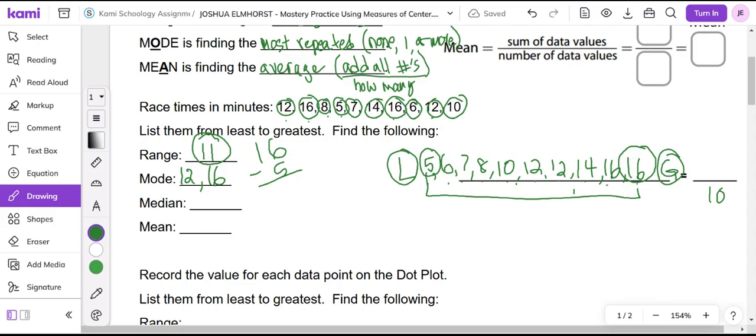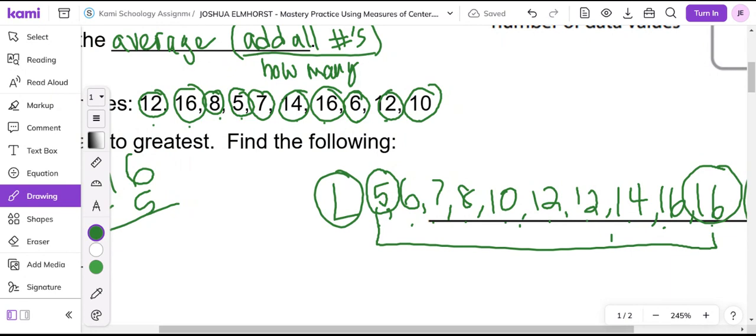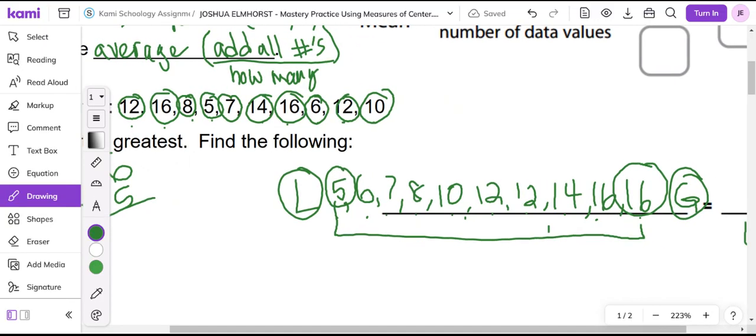The median, how you get to the middle, if you have your own strategy from 6th grade, use it. The way I teach it is you're going to start left, right, least, greatest, and just work your way into the middle one at a time. Left, right, left, right. Now, when you circle a left, you need to circle a right.